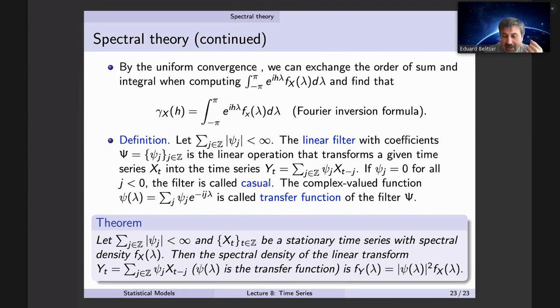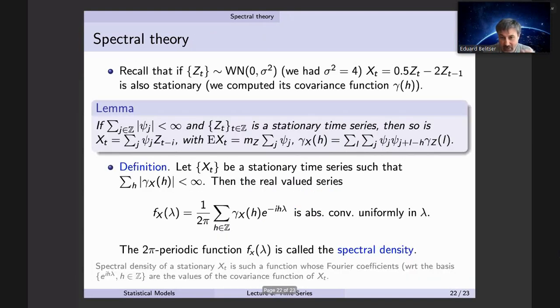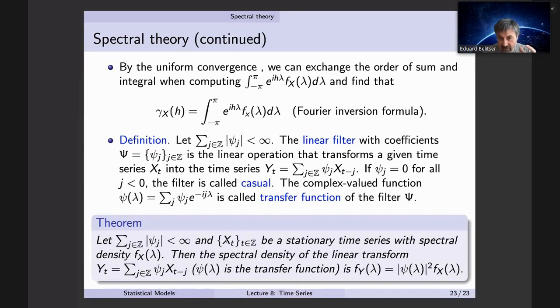And now this is the theorem. Start with a stationary time series x_t, and suppose this is a nice linear filter. Suppose the series has a spectral density: because it's stationary, it has an autocovariance function, and from the autocovariance function we go to the spectral density. So this is the spectral density of x. Then we transform our original stationary time series by this linear filter into that one.